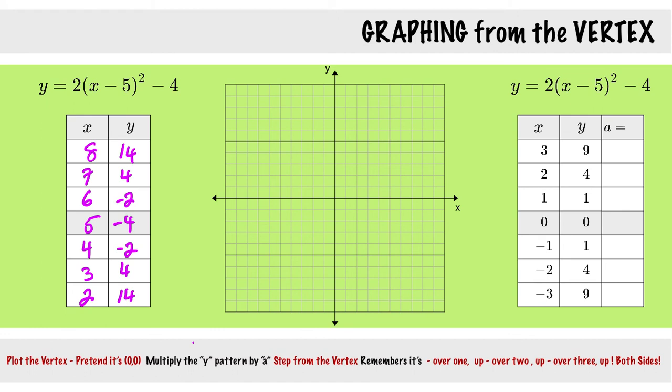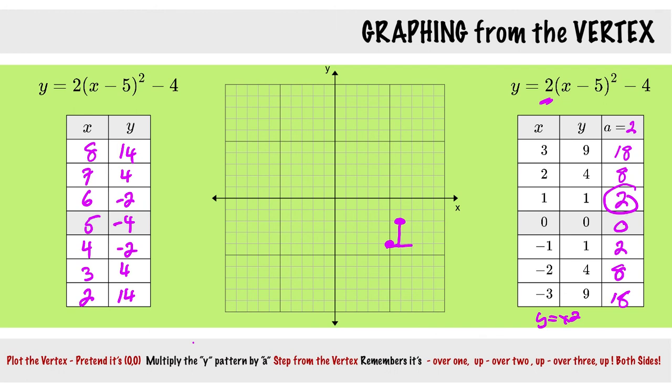When you graph from the vertex, you're still going to use your a value, and you're going to multiply, this time, the original y values from y equals x squared. And really, it's just a different way of stepping. Our vertex is still 5, negative 4. To the right 1, up 2.